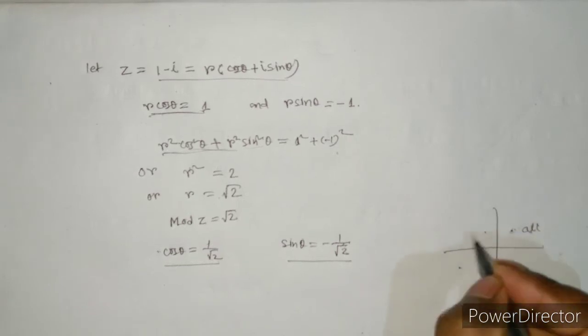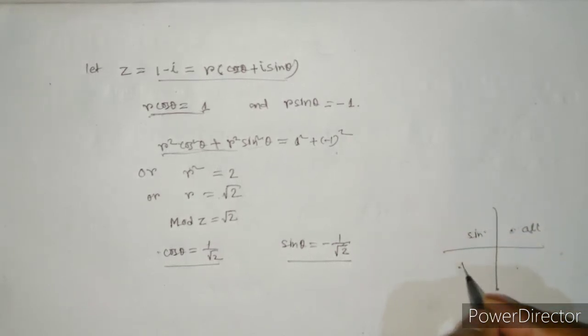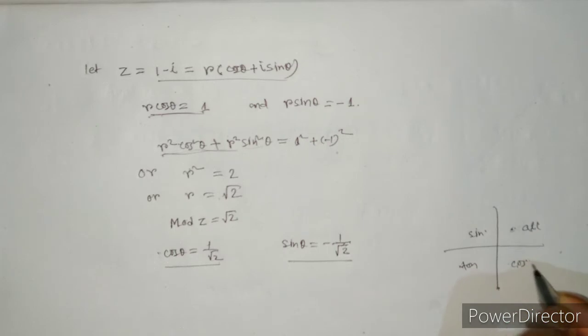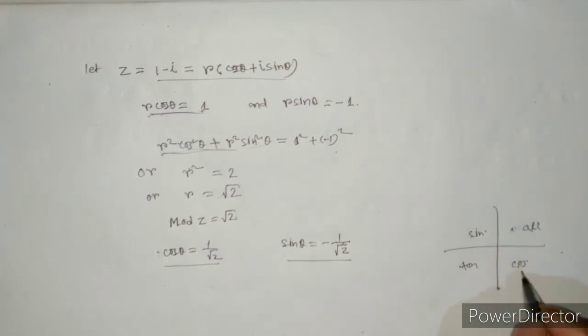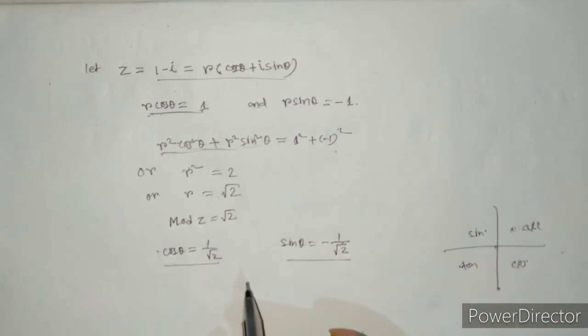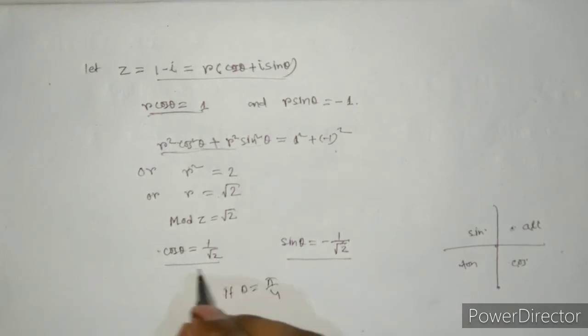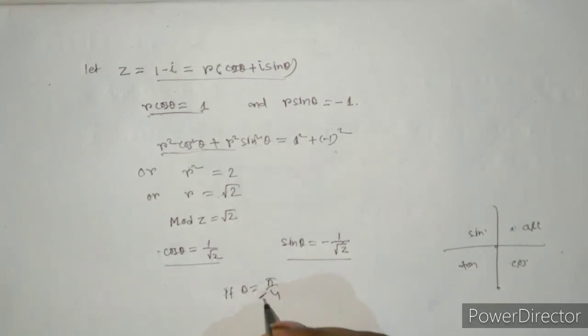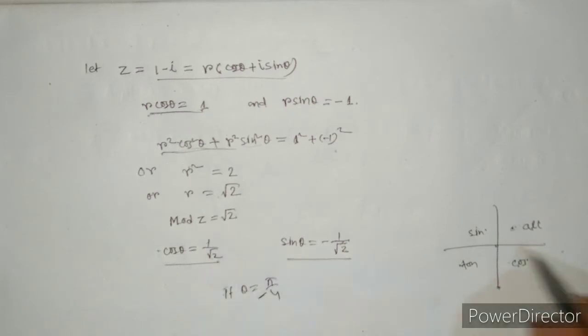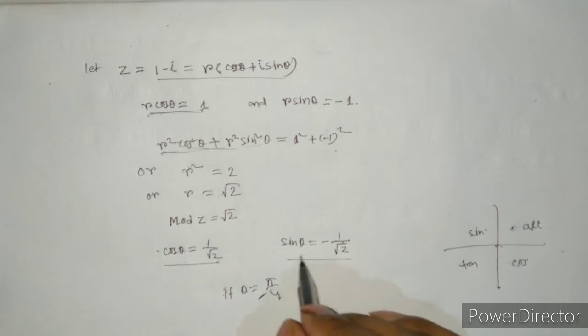Here all, here sin, here tan, and here cos. So theta will be in the fourth quadrant, and we know that if theta equals pi by 4, then cos pi by 4 equals 1 by root 2, and also for theta equals minus pi by 4, cos theta equals 1 by root 2, and if theta equals minus pi by 4, then sin theta equals minus 1 by root 2.